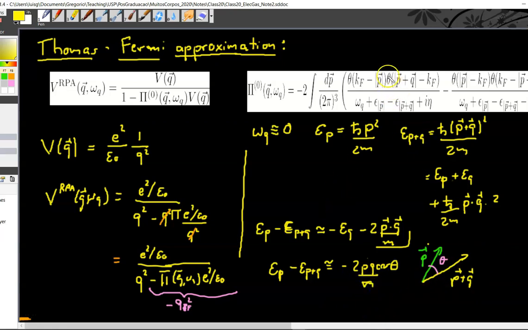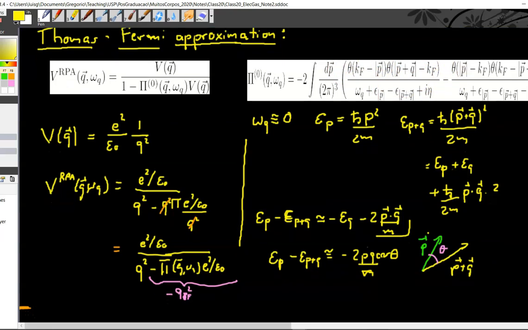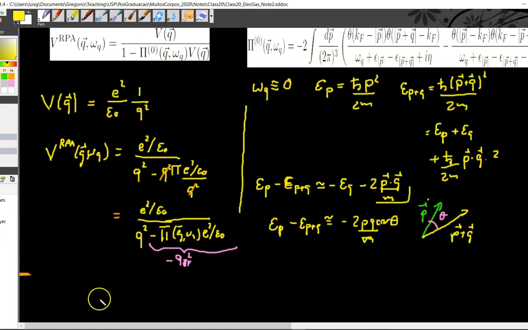Now let's look at these theta functions and this minus sign. Let's go down a little bit, and I'm going to write the two theta functions. At first I have this one, theta of kF minus P, and another one, theta of P plus Q minus kF.